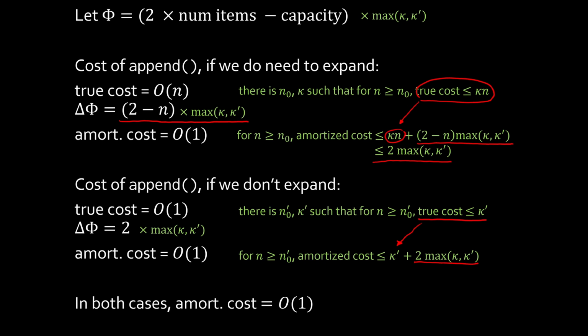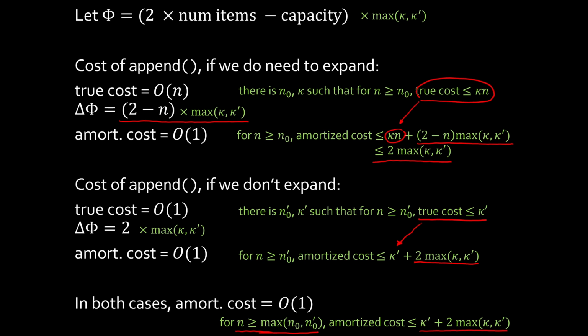So what we've said is that in both cases, if I choose n sufficiently large, if I make n bigger than max of n naught and n naught prime, those two constants, then the amortized cost, in the first case, is less than or equal to 2 times the maximum of kappa and kappa prime. The second case it's less than or equal to kappa prime plus the same thing.